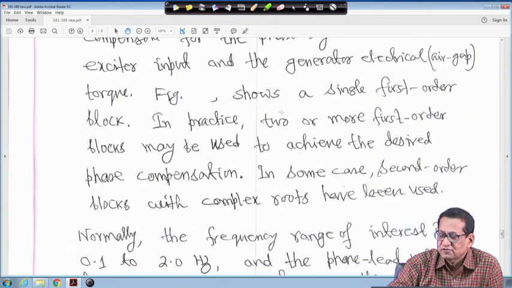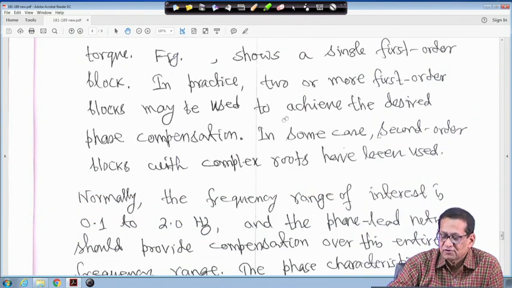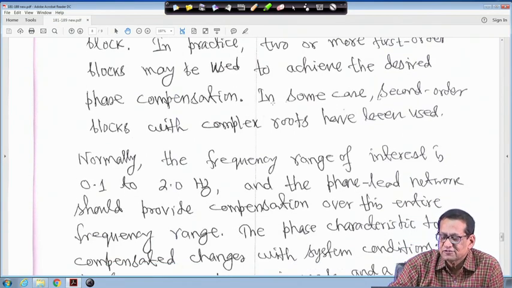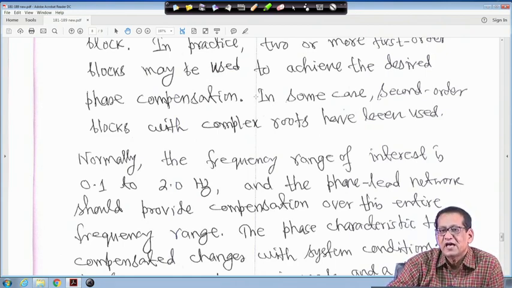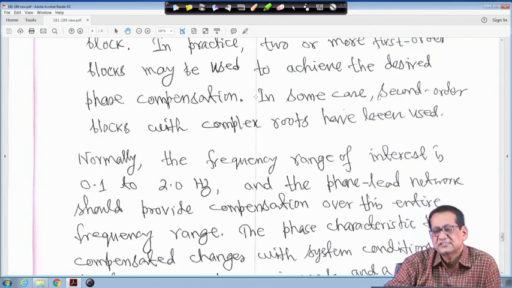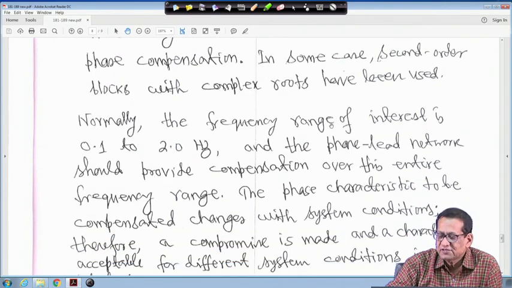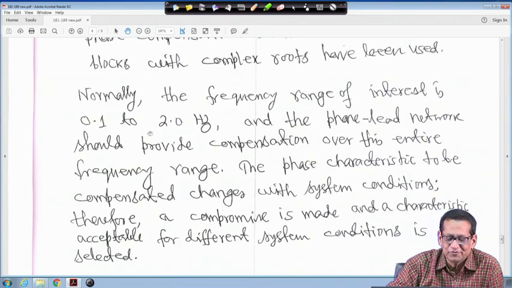In some cases second order blocks with complex roots have also been used. It depends on the system, which will damp the rotor frequency oscillation. Normally the frequency range of interest is generally 0.1 to 2.0 Hz.